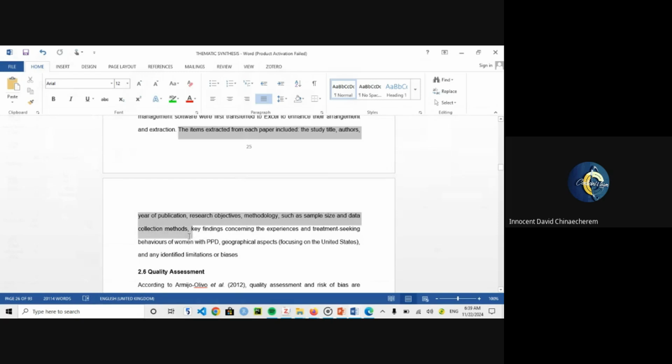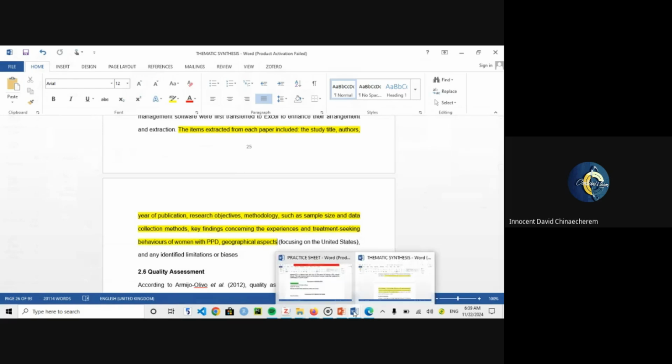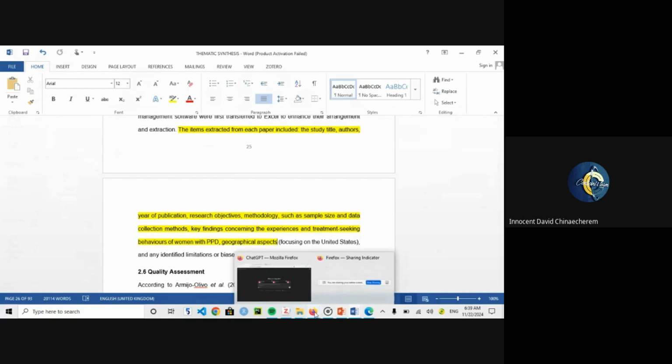It is usually very key. It is the same information that you want to capture from the characteristics of your included study.